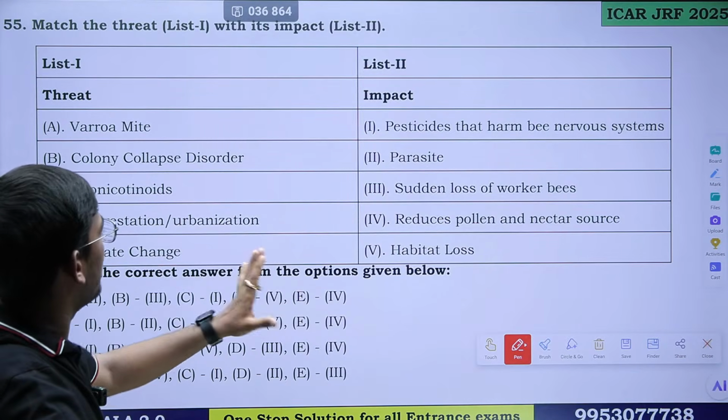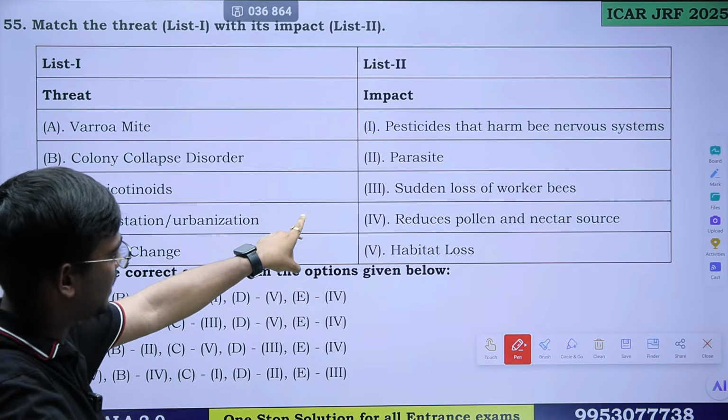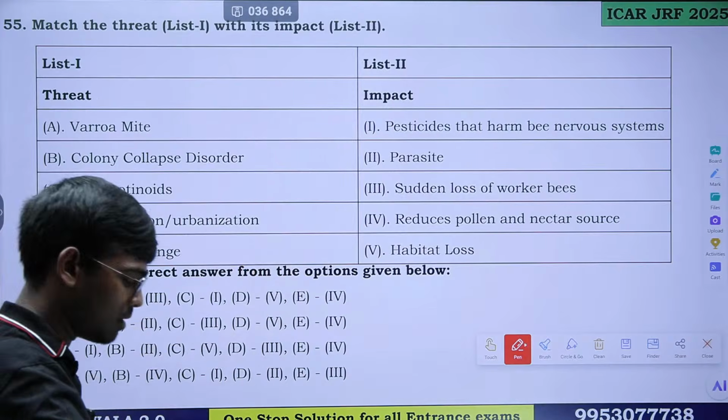The impacts are pesticides that harm the bee nervous system, parasite, sudden loss of worker bees, reduced pollen and nectar source, and habitat loss.